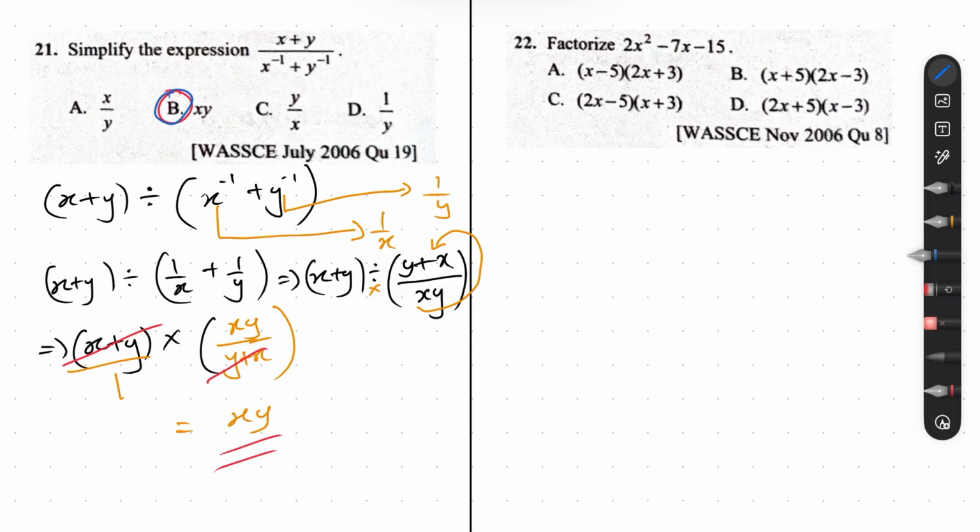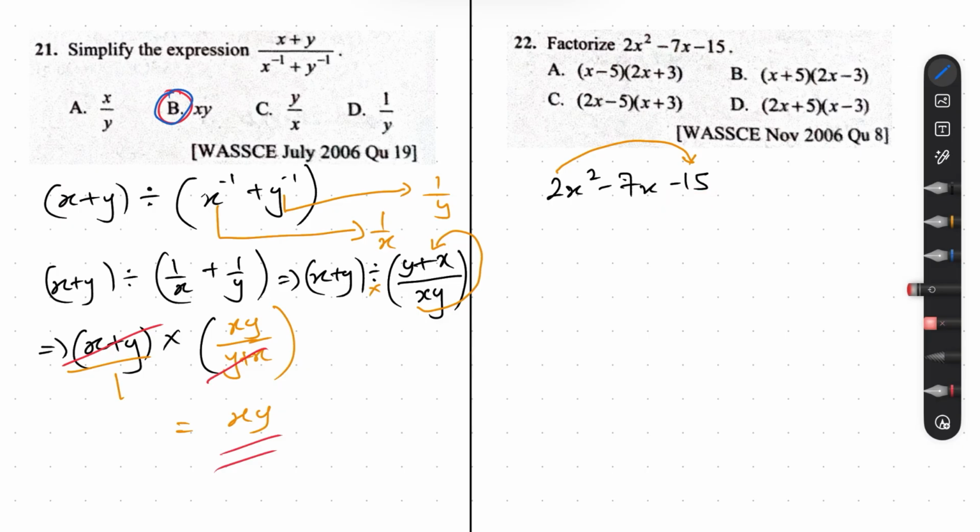Let's move on to question number 22. Question number 22 says factorize this, and we know how we do this, right? Let's write our expression first. 2x squared minus 7x minus 15. What we do is multiply the coefficient of x squared, which is 2, by the constant. The constant here is negative 15.